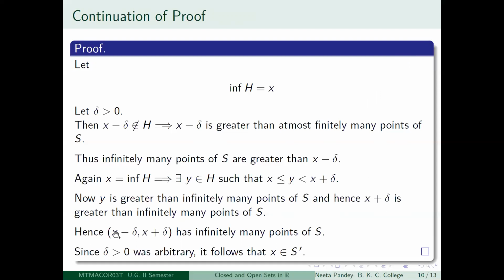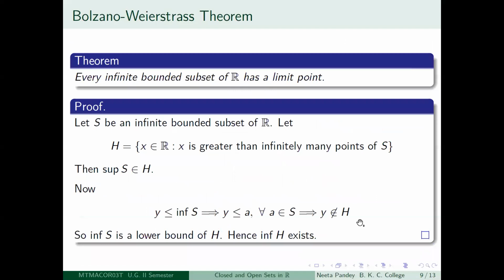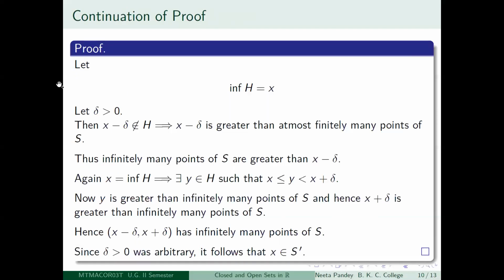So in the interval x minus delta to x plus delta, there will be infinitely many points of S. What was delta? Delta was an arbitrary positive number. And we showed that the delta neighborhood of x will contain infinitely many points of S.